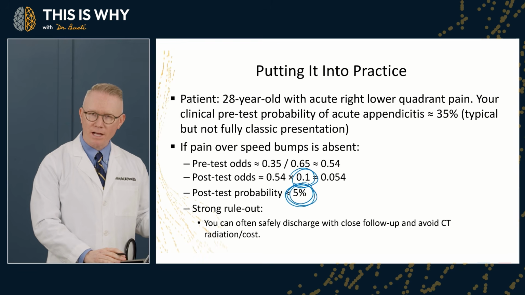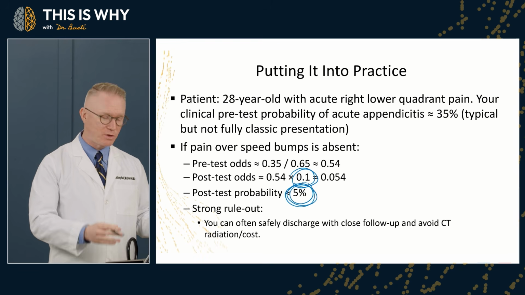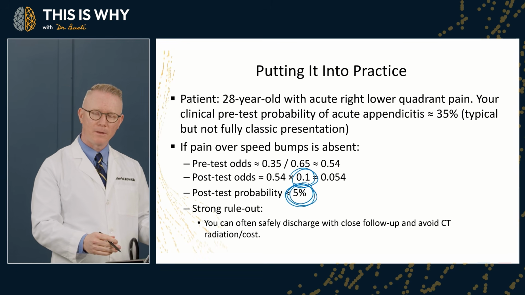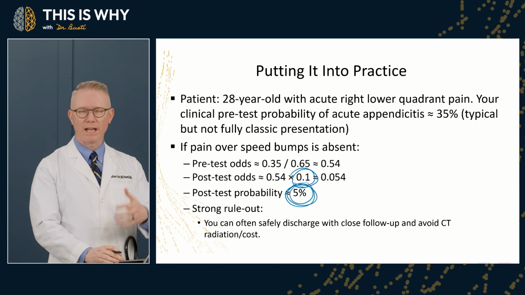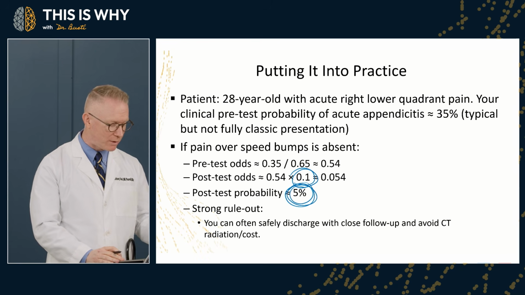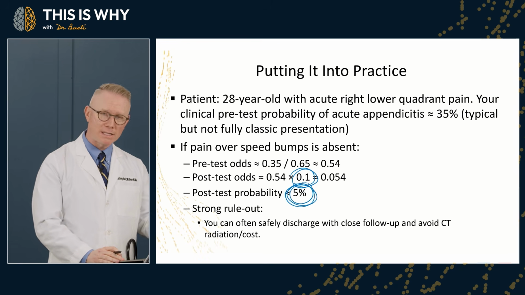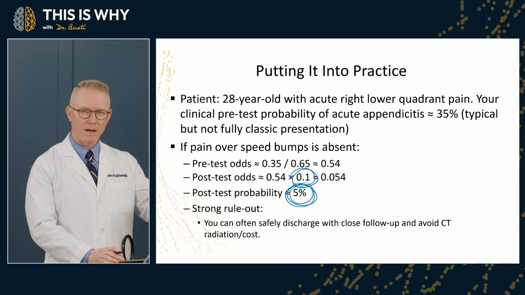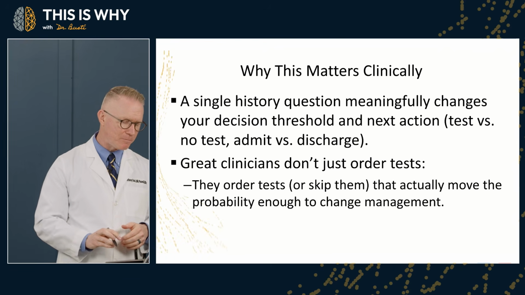Okay, that doesn't cost anything to ask the question, but you have to know how to be able to apply it to a patient care scenario. So if it's negative, I use the negative likelihood ratio, which was 0.1. If it was positive, I used the positive likelihood ratio, which was over 1. And it improved my post-test probability.